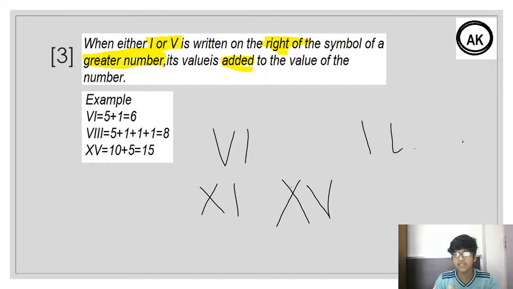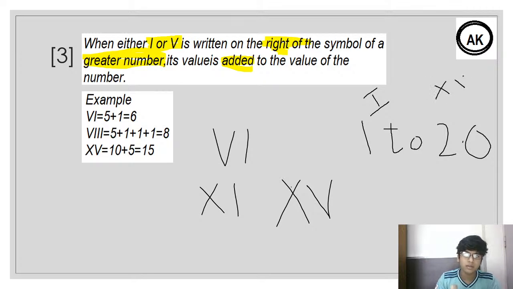Yes, somebody gave the answer. 1 to 20 are Roman numerals. So what is the symbol of 1? I, correct. What is the symbol of 20?